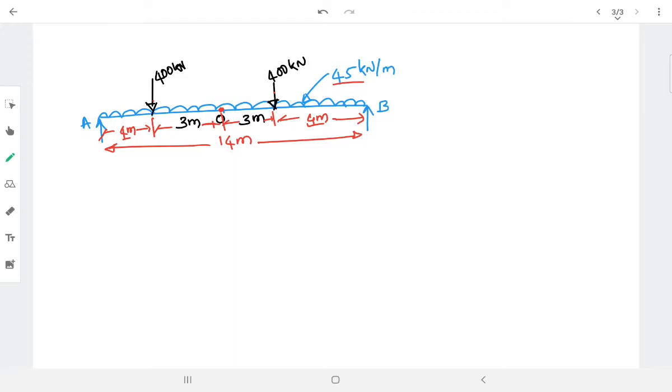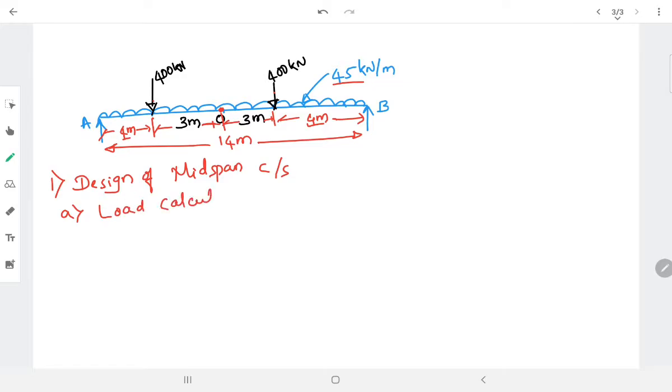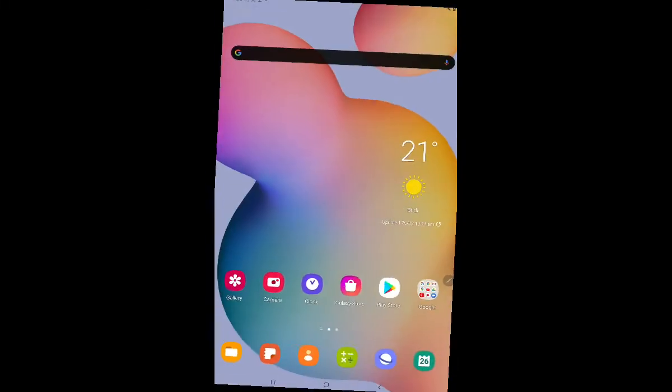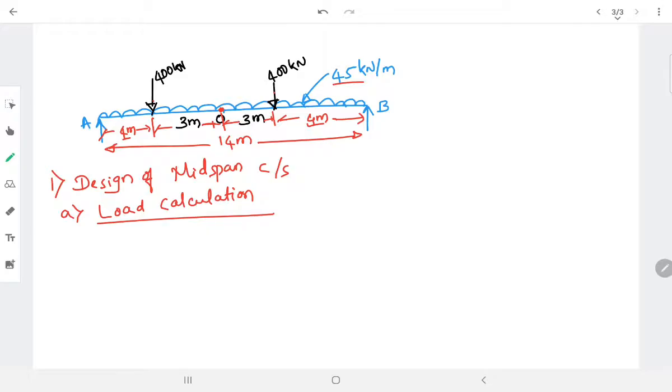So we'll go for the first step in this, design of midspan cross section. In this, the first step is load calculation. Calculate first the self weight of girder.